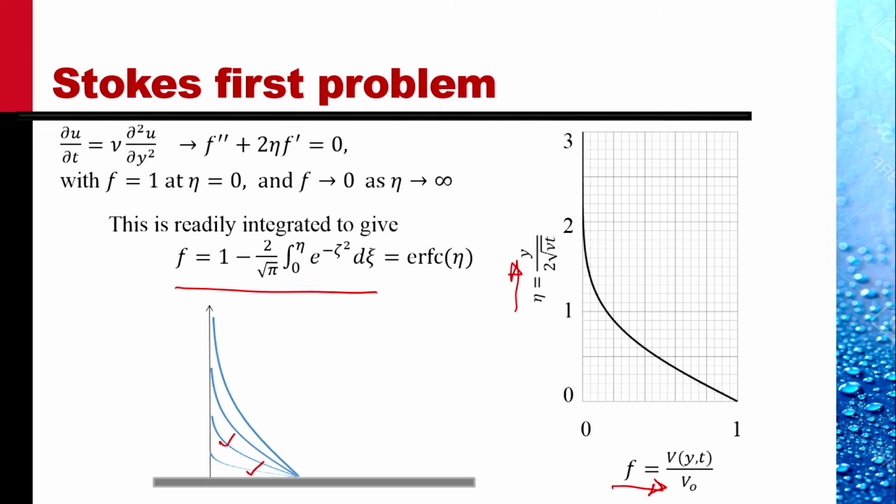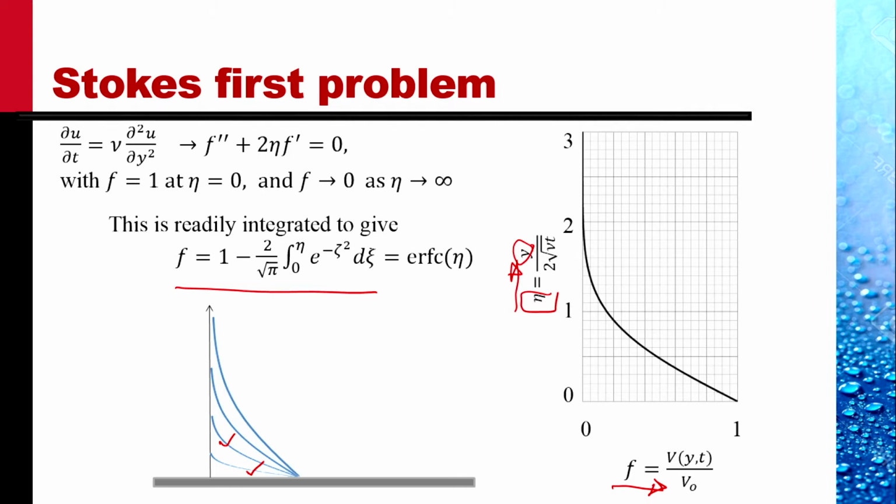I have drawn this profile by simply stretching the original profile in the y direction. As t increases, the value of y for identical values of eta increases. That is accomplished by stretching the profile in the y direction.